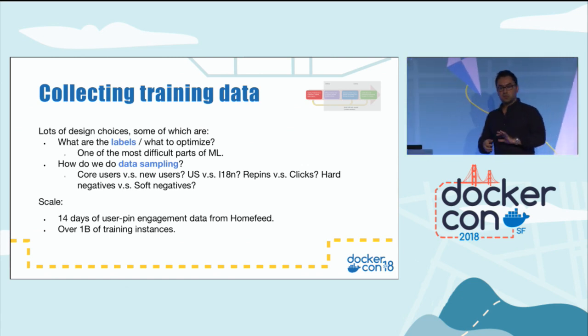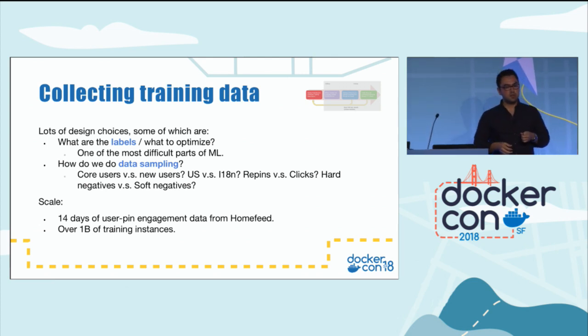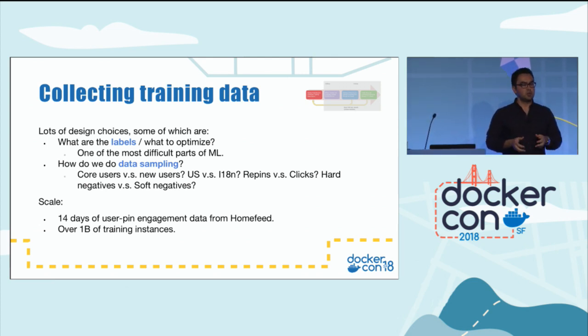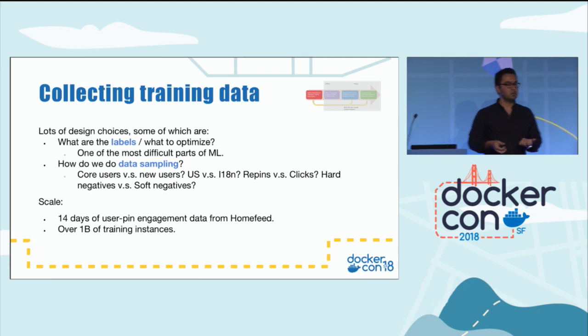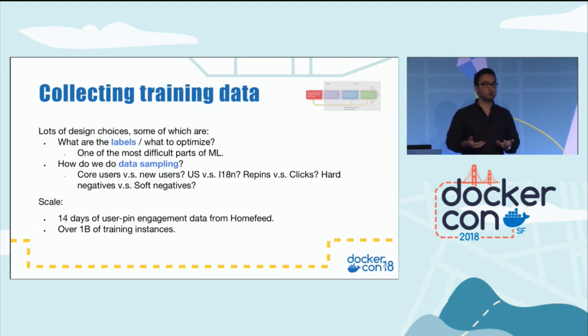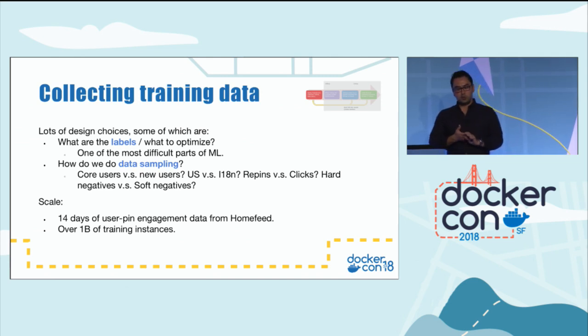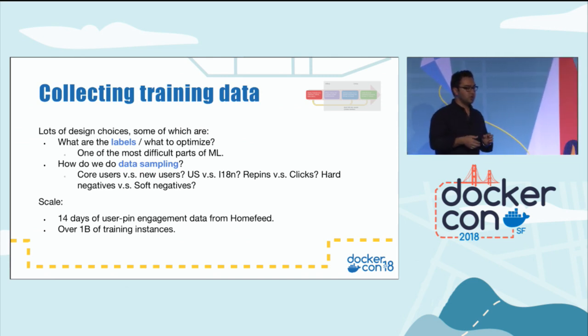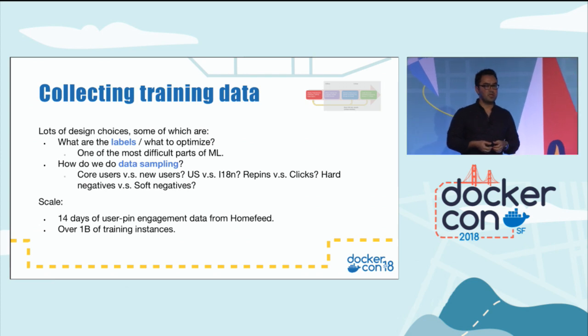And the other thing is how you sample your data, because oftentimes you don't want to train on your overall data, or sometimes you are not able to train on your entire data set. Those 2 decisions ultimately will also determine the scale of your training.